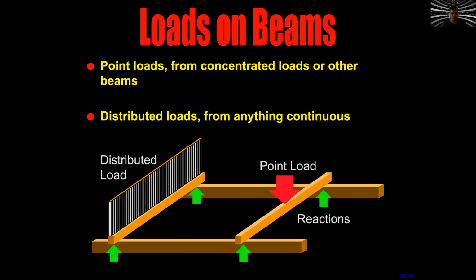Remember, when we have a distributed load, we have two denominations. We can say the distributed load is, for example, 100 pounds or 100 pounds per foot. If the total weight is 100 pounds, we don't need to multiply by the length of the beam. But if it is not, we need to multiply.